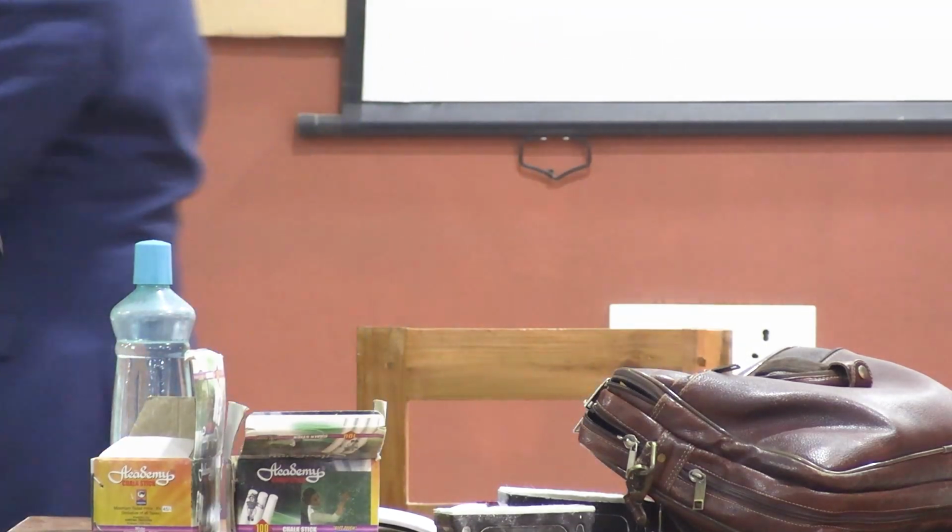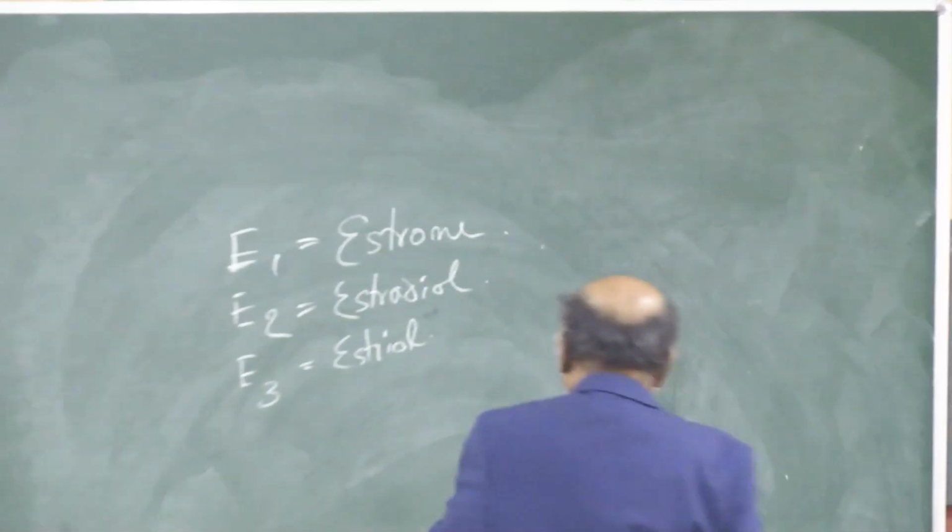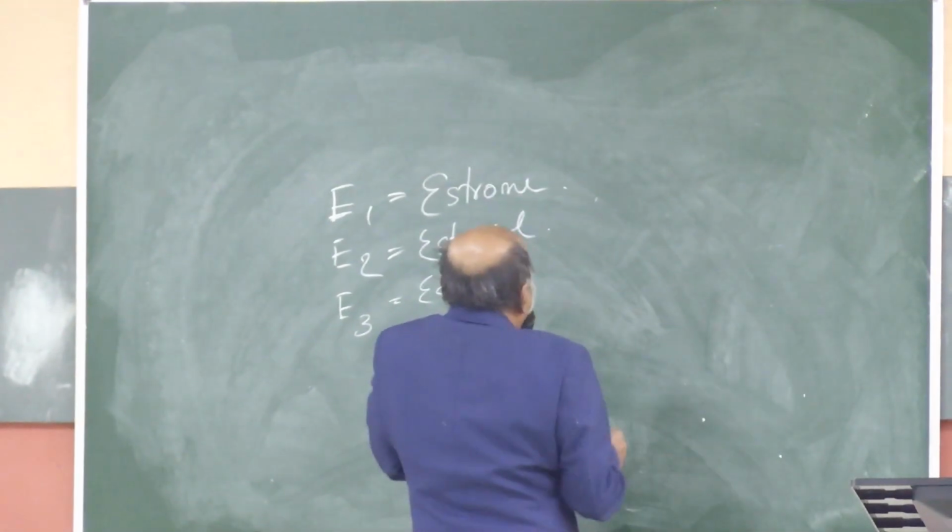Now, in case of menopausal women, this estrogen, that is estrone, is not secreted by the ovary. Then how does it come? It comes through what is called peripheral conversion.